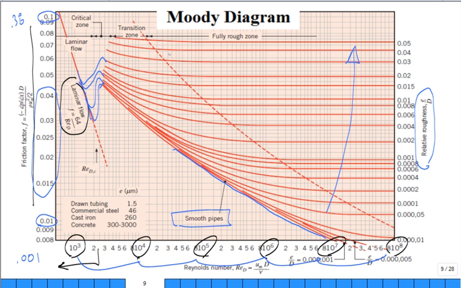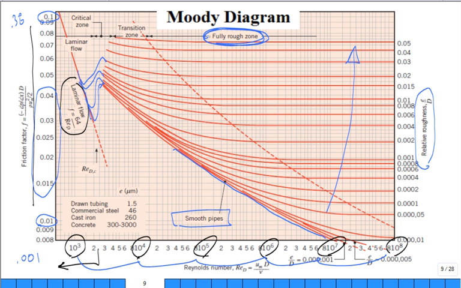So you have this region out here. It has a funny name, one of the funniest names. What is that zone called? Fully rough. You pull out a different fluids book, they'll say fully turbulent. Pull out a different one, complete turbulence. It'll be different names in different texts.